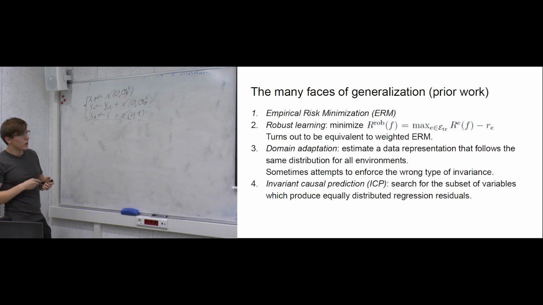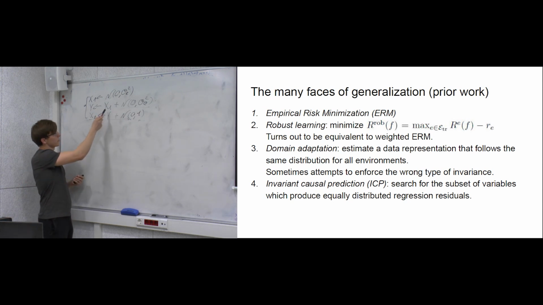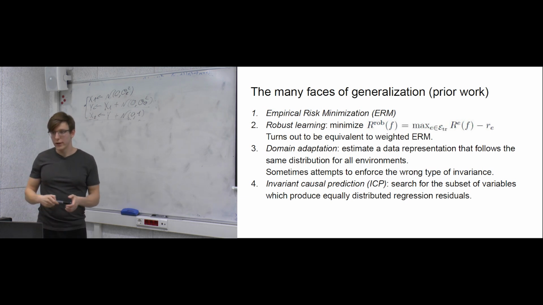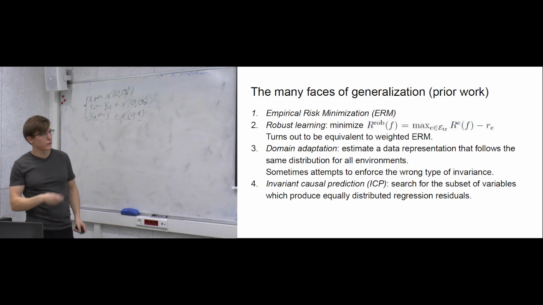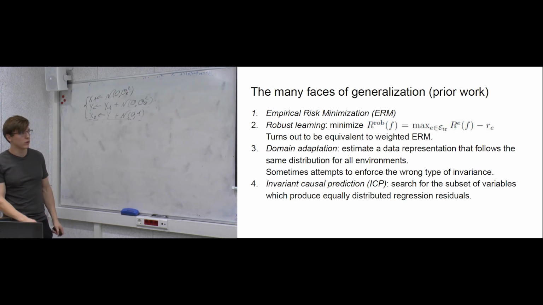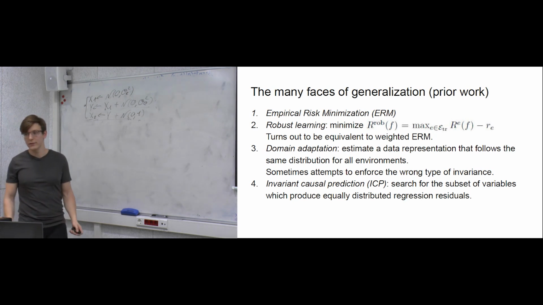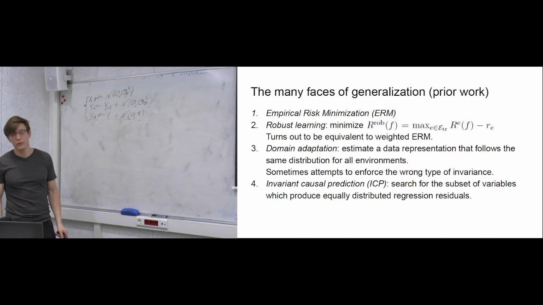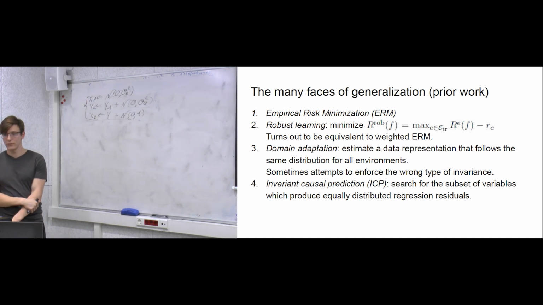So invariant causal prediction will also not help us to learn the true causal dependency of y from x1. So it seems that even for such a simple problem, we cannot find the true causal solution. So is everything all right by now?